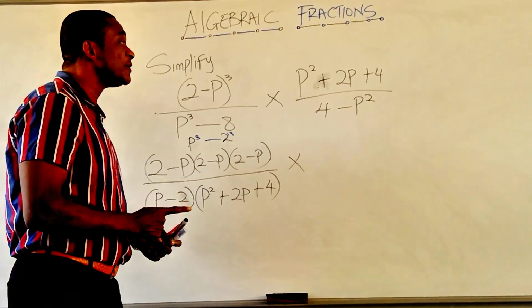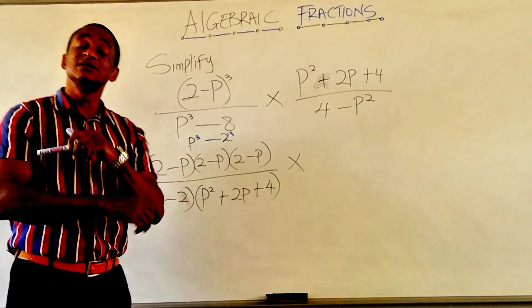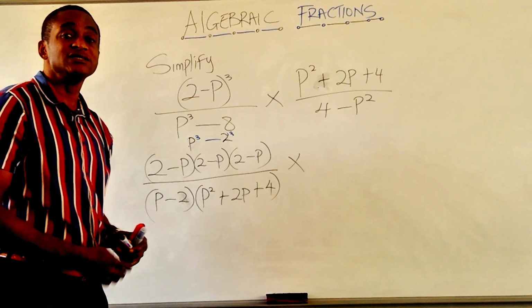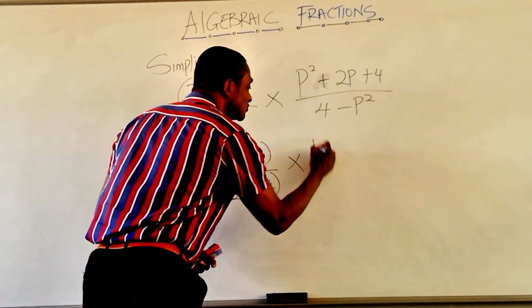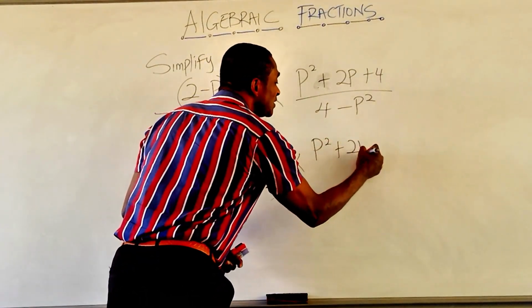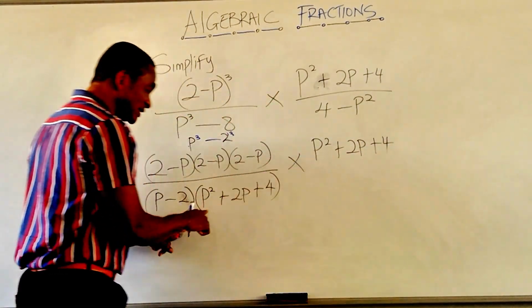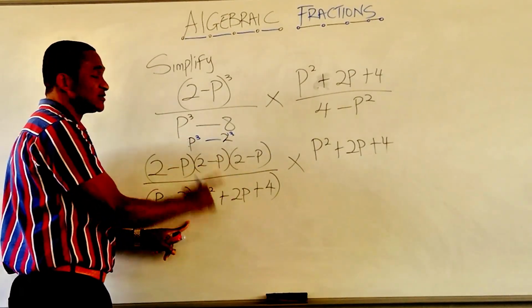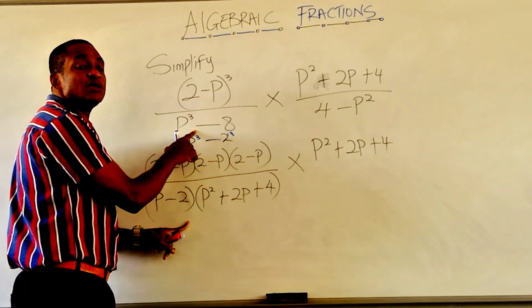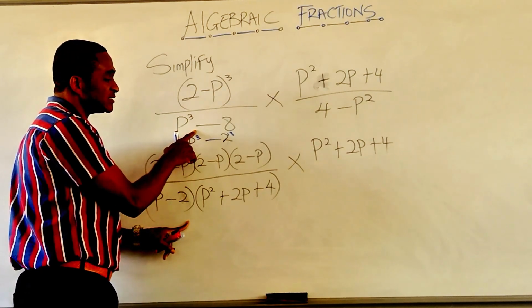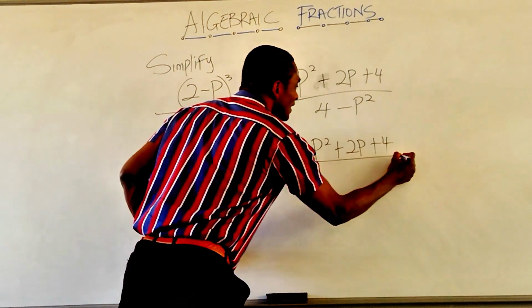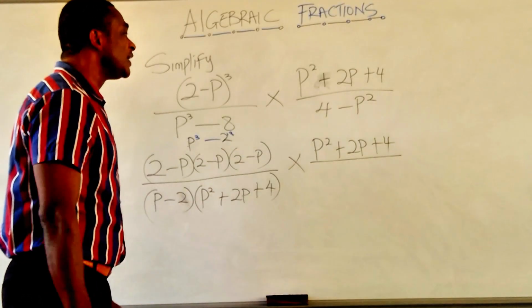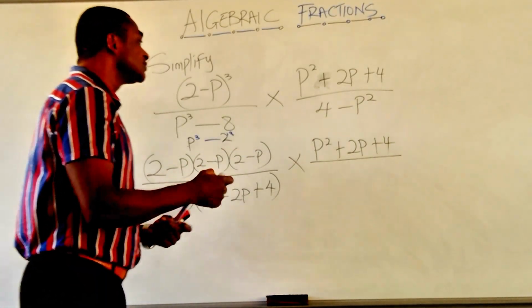A provision will be made through which you can easily cancel out that expression. So if we look at this, we have p squared plus 2p plus 4. We can see that it is one of the factors of the cubic factorization that we completed.